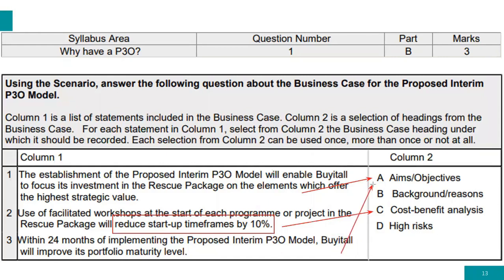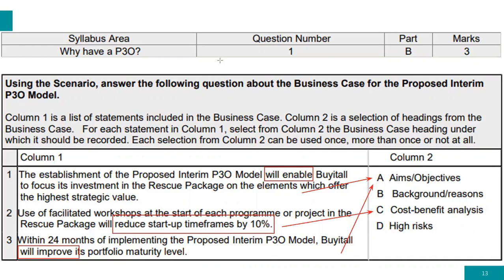So it's more again an aim. So please look out for terms like will improve and will enable. These are some keywords that you could look out for when you map it to the aims and objectives of a particular investment.